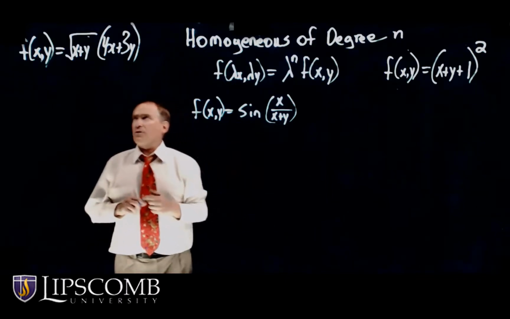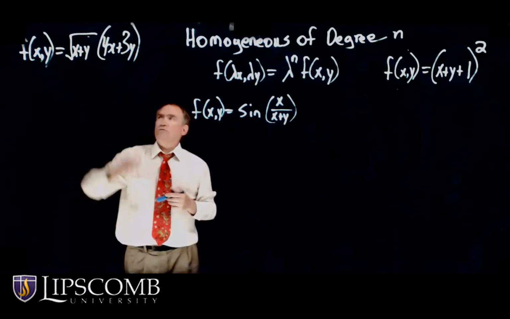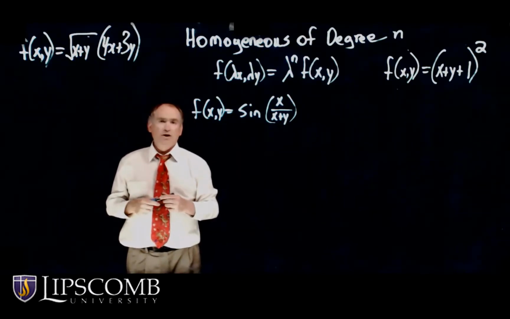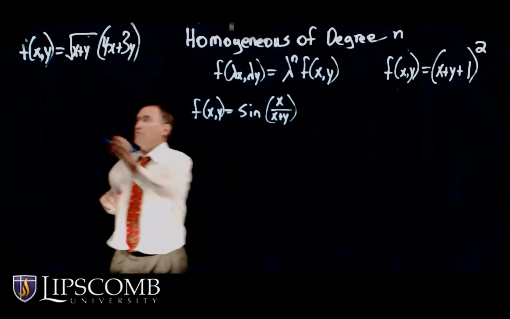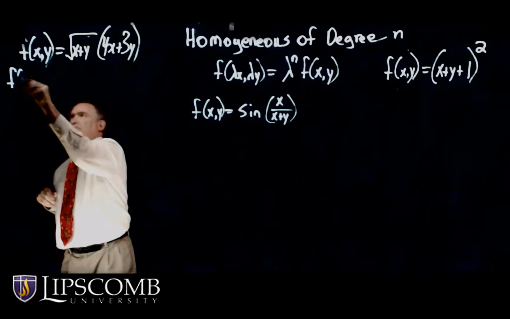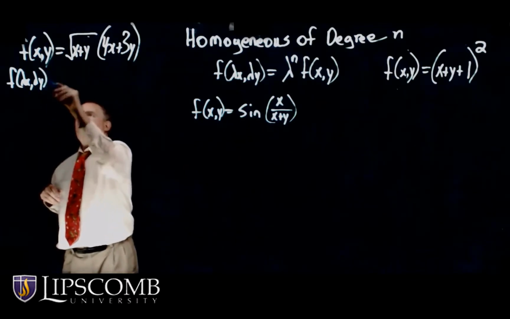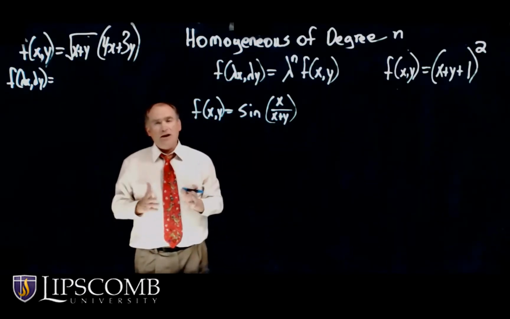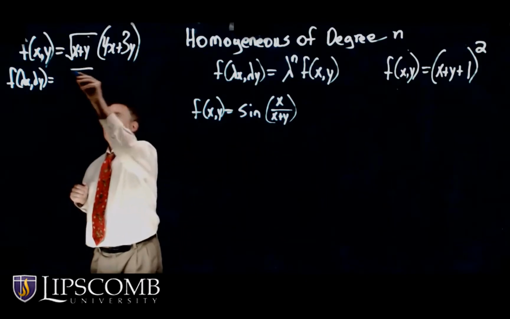So I have three examples here. Here's my first function: the square root of x plus y, times the quantity 4x plus 3y. The first thing I'm going to do is replace the x with lambda x and the y with lambda y. Wherever there's an x, I put lambda x; wherever there's a y, I put lambda y.